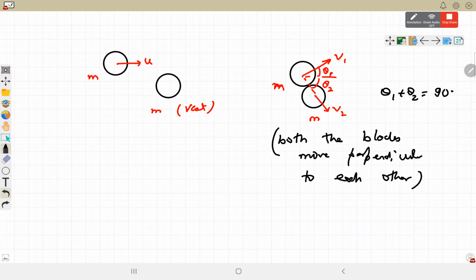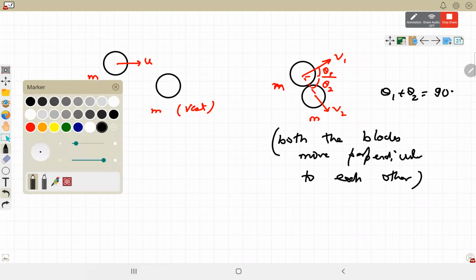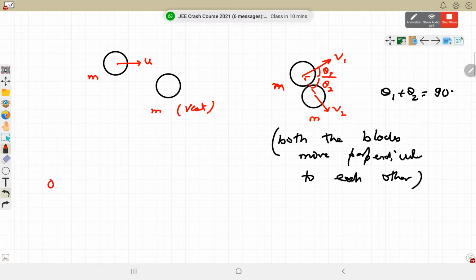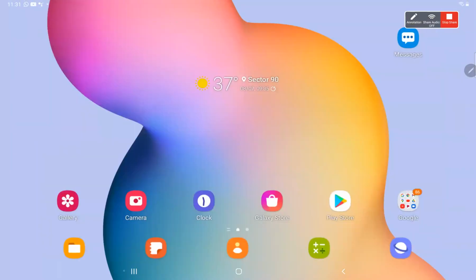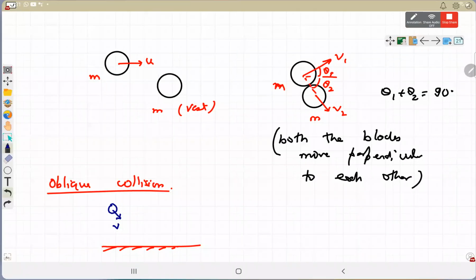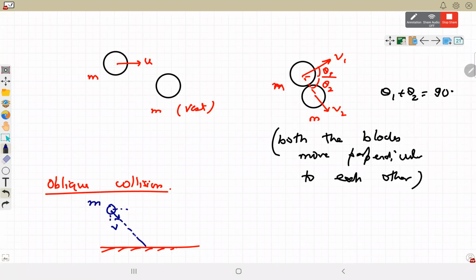Oblique collision with wall, बस last case है, don't worry. Oblique collision अगर हम करते हैं wall के साथ तो केवल वो velocity component change होगा जो कि wall से perpendicular था. The one which is parallel to the wall will not change. So if a ball comes with velocity v, mass is m, it comes and collides. So here v cos theta is not going to be affected.